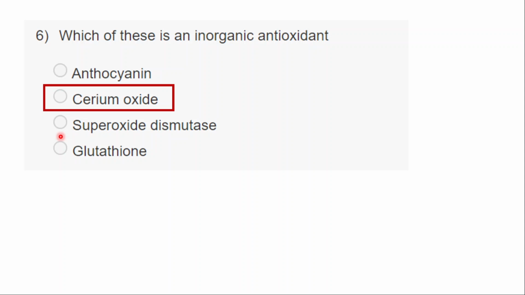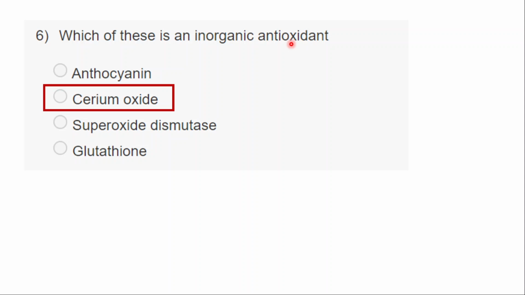Most of the students have answered B correctly. If you see, it's pretty straightforward. Forget about antioxidant. If you're clever enough, just filter out the inorganic compound among all these, and the first hit that you get is the answer, cerium oxide.